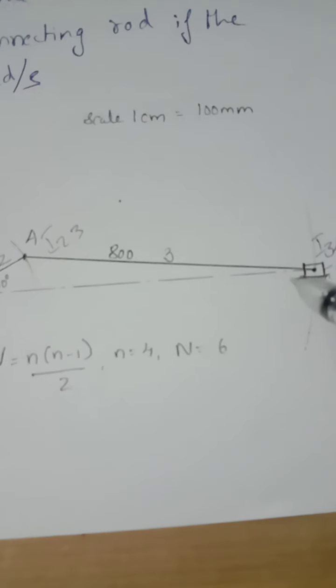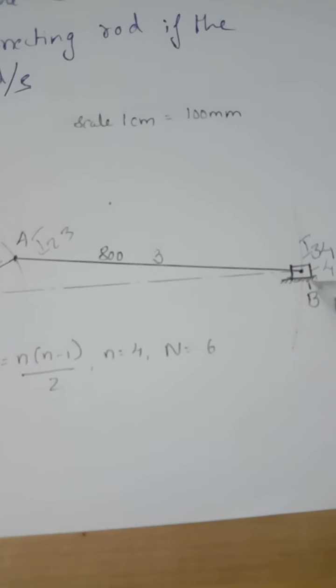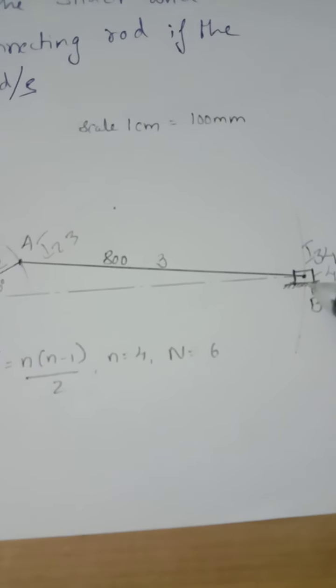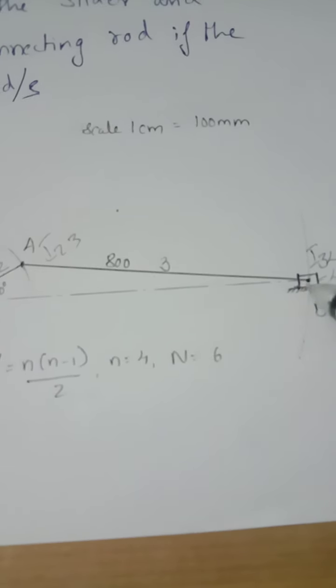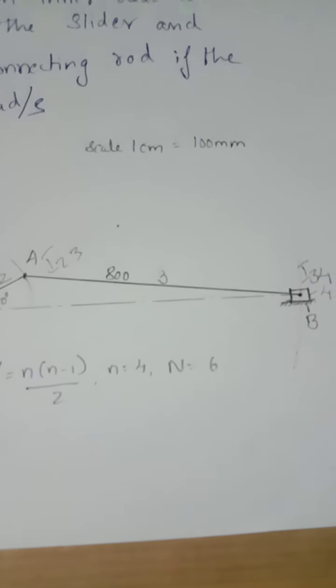the I center of link number 1 and 4 will lie upwards or downwards at infinity.